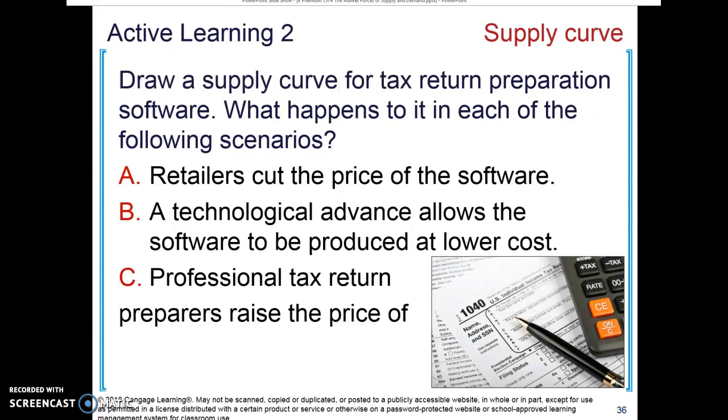And what happens if professional tax return preparers raise the price of the services that they provide? I want you to, in each of these three situations, graph what would happen to the supply curve, and we will discuss this in class.